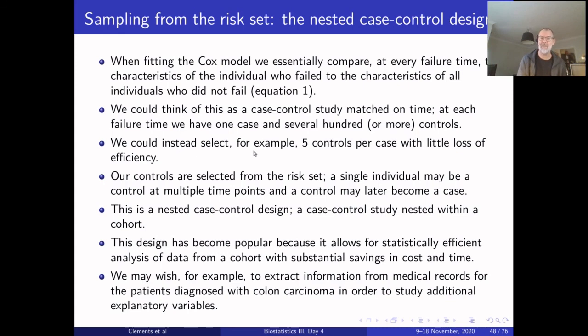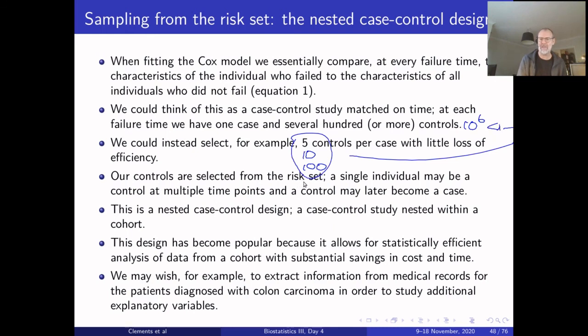What we could do instead is select, for example, 5 controls per case, and we would not lose that much efficiency, or it could be 10, or even 100. But you could see that if you get a very large cohort, the risk sets could be very large, so these reductions would all be a lot smaller than this here.